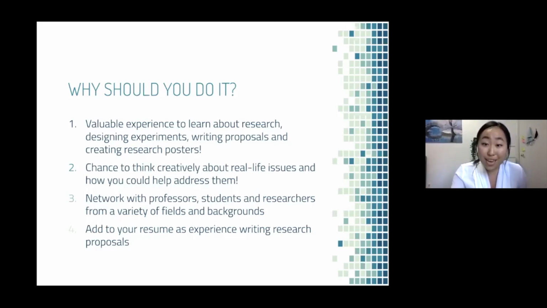Another reason to join is that you're able to think about real life issues and how you can help address them. Plus, it's a great way to network with professors, students, and researchers of a variety of fields and backgrounds. And as you can see, our fourth point is that it's a great way to add to your resume that you have experience writing research proposals.